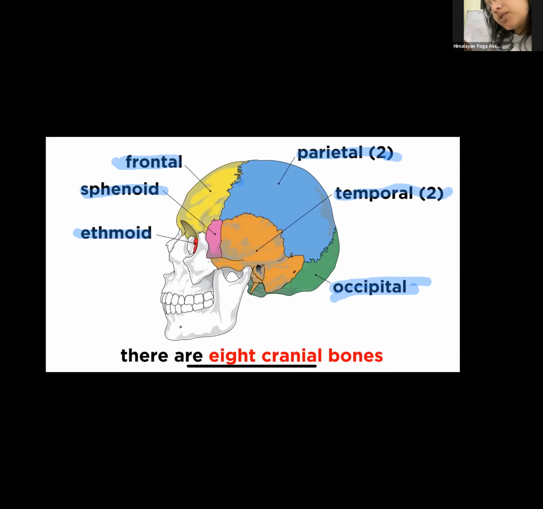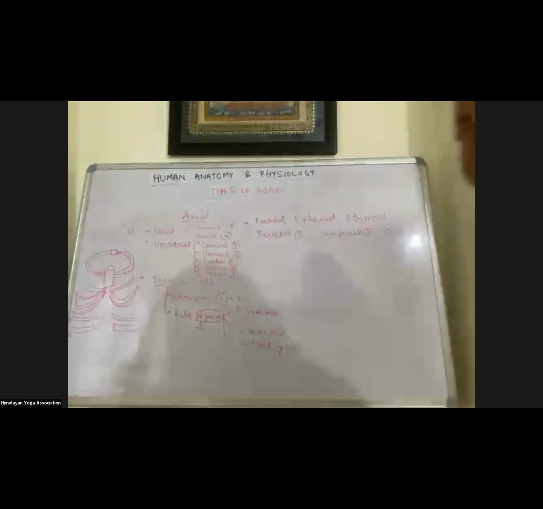And these structures, where 2 bones are joining together, are called sutures. So you take a screenshot. Wait, I'll erase it. Please take a screenshot.